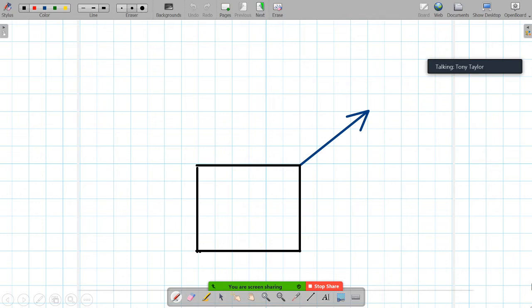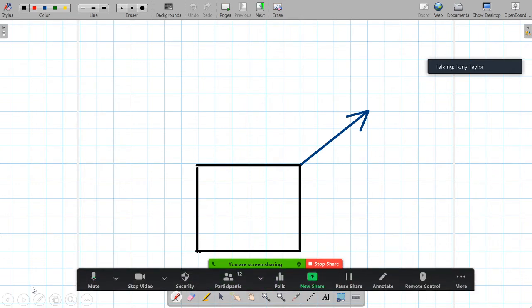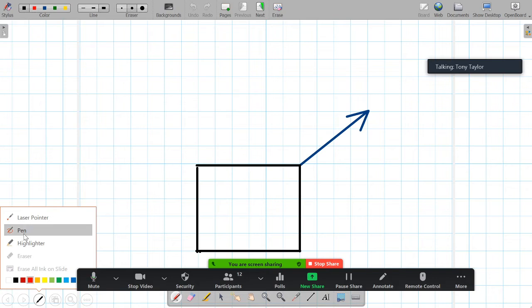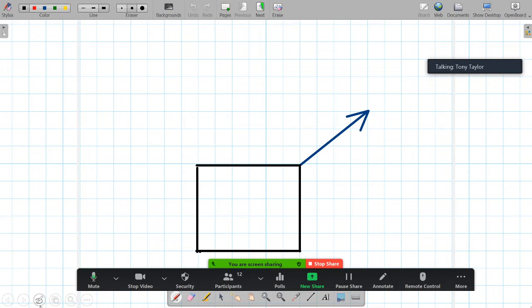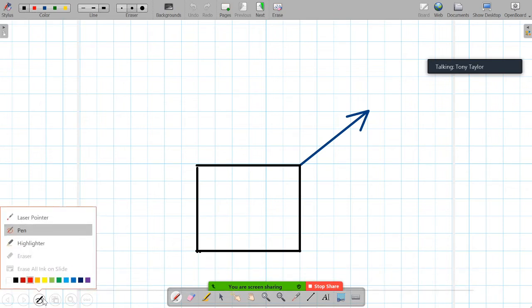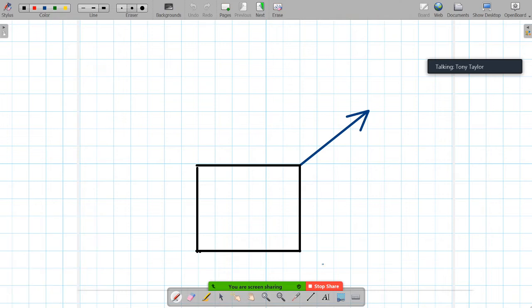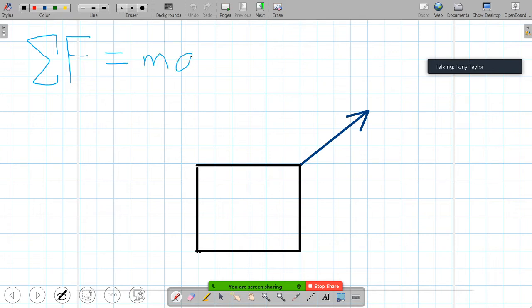Everybody in here knows that if you have an object and you have some force acting on that object, it will accelerate, according to Newton's second law. Newton's second law says that the sum of the forces acting on an object is equal to mass times acceleration of the object.